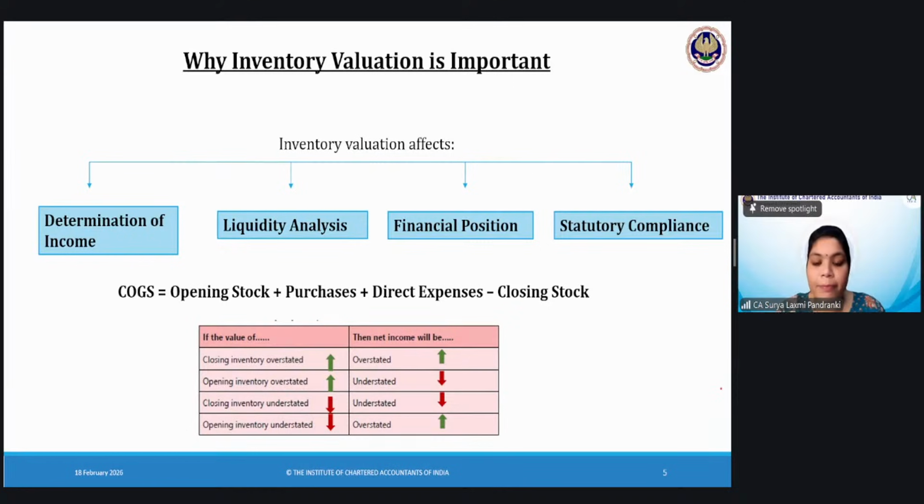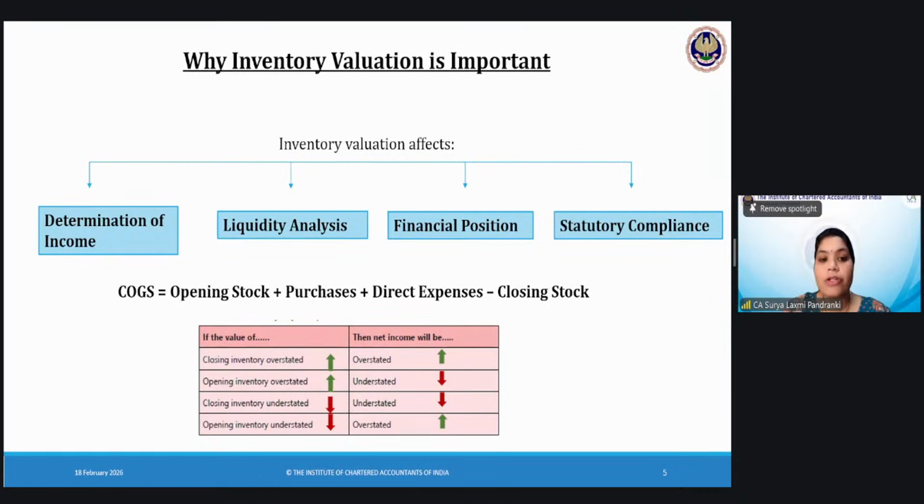Inventory, you cannot skip. You'll have it in your foundation, in your inter as an accounting standard, and in your final as well. You'll not have it as specific things, but it is included everywhere. You can't skip inventory. Here we will see the reasons why it is important to value inventory, or why we have inventory in our books of accounts.